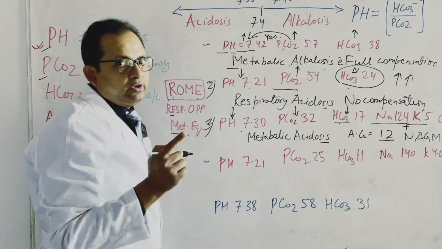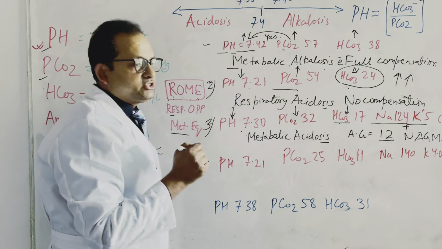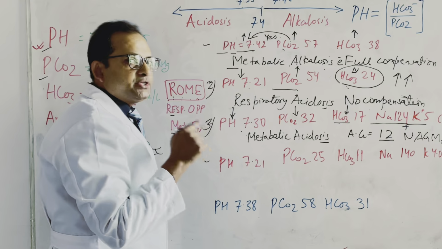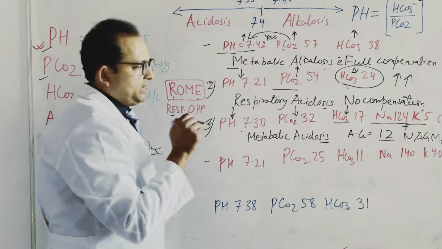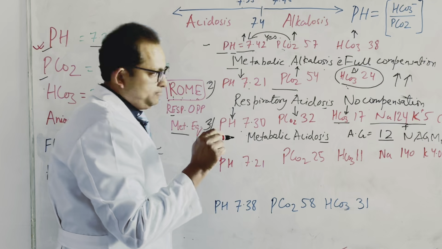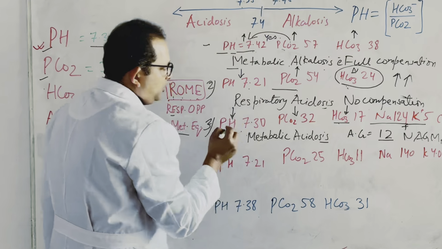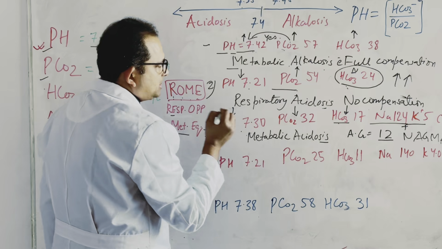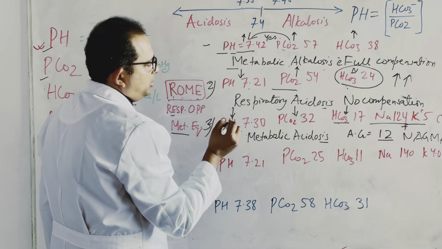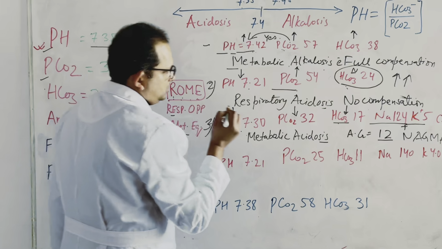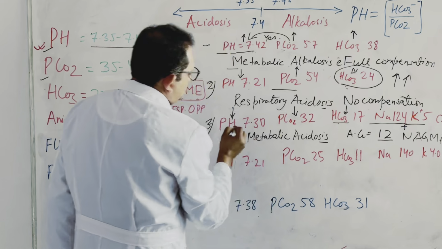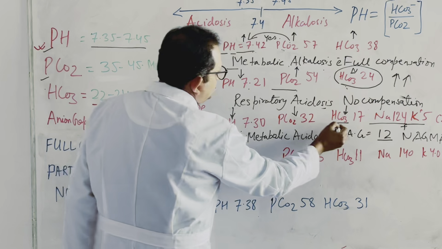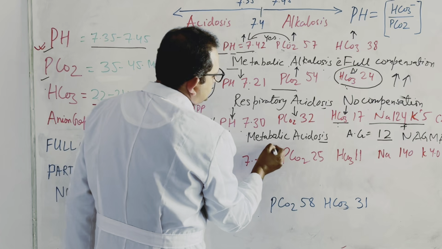Now you have to see my previous lecture to check what are the diseases and conditions associated with NAGMA. Now we have to check whether the compensation is going on or not. So pH is low, HCO3 is low, metabolic acidosis.